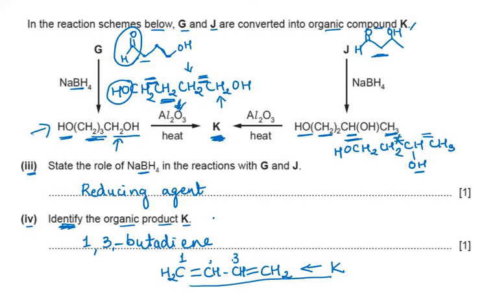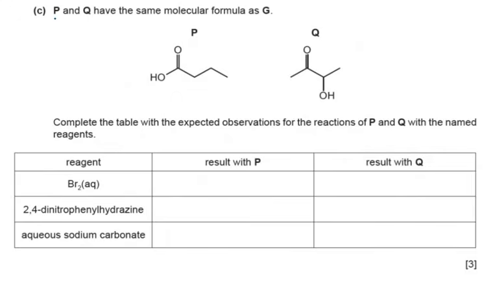The next part says P and Q have the same molecular formula as G. The structures of P and Q are shown here. Complete the table with the expected observation for the reactions of P and Q with the named reagents.